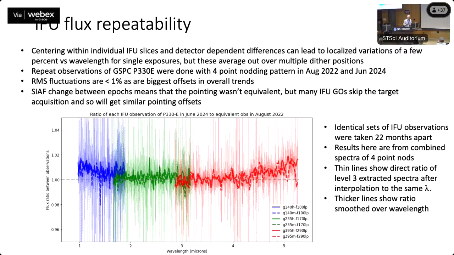But even now, taking a 4-point nod pattern and averaging over the nods, you get to within 1% or so repeatability without any extraordinary effort. And if you were to repeat exactly the same observation more precisely, you might do a bit better.